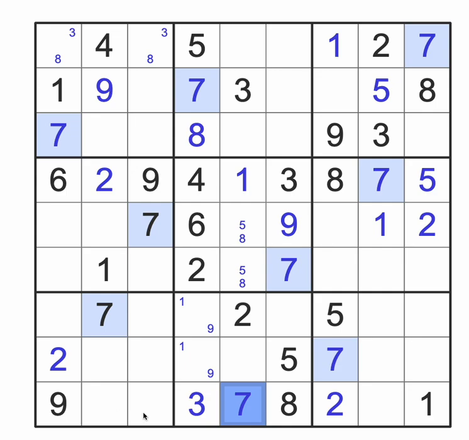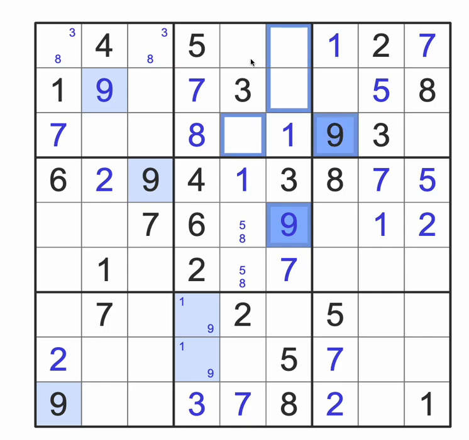These are 4, 5, 6. Ooh. I can place 1 in box 2 by looking at this one, and this one. So 1 comes in here. 9 blocks these. 9 here blocks this cell.